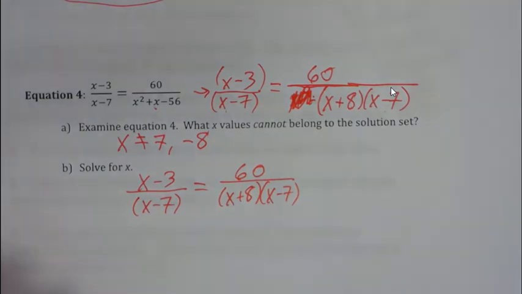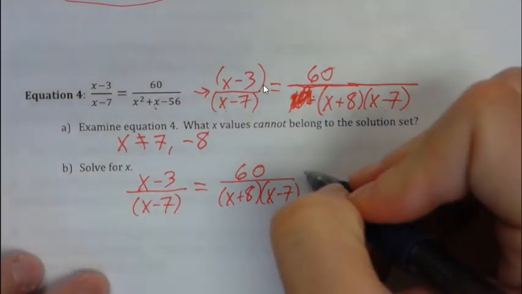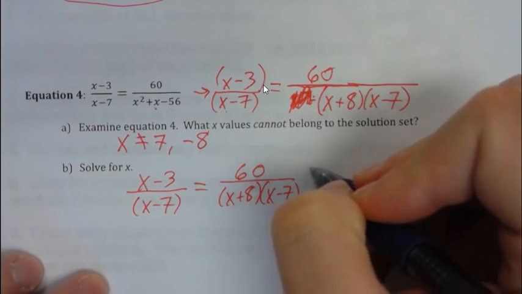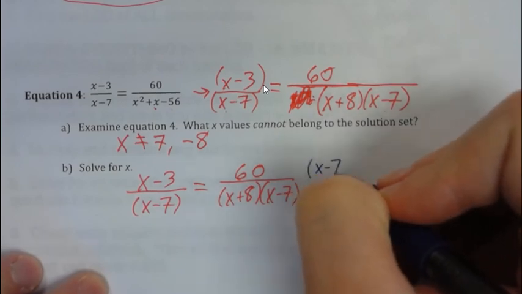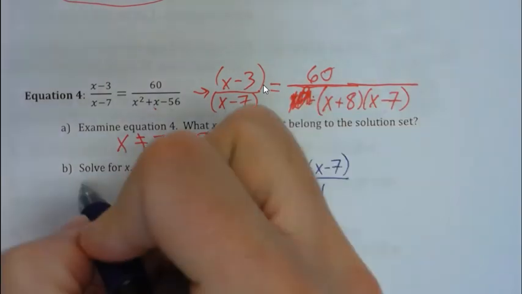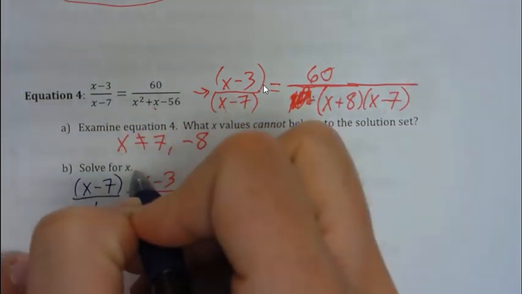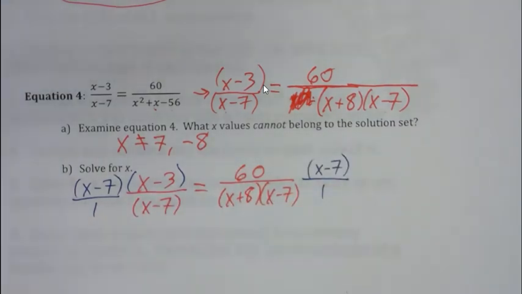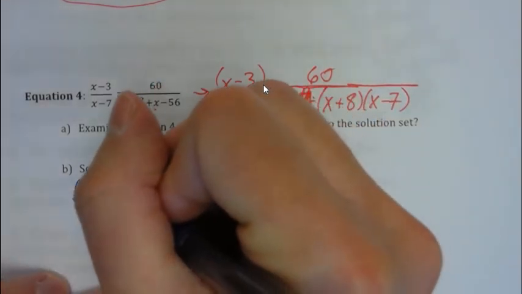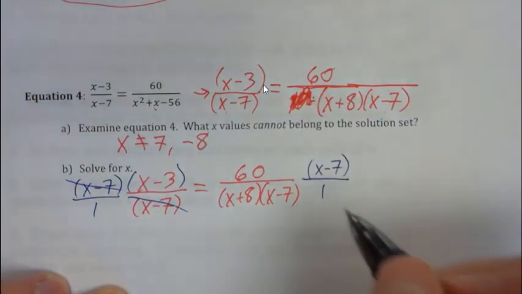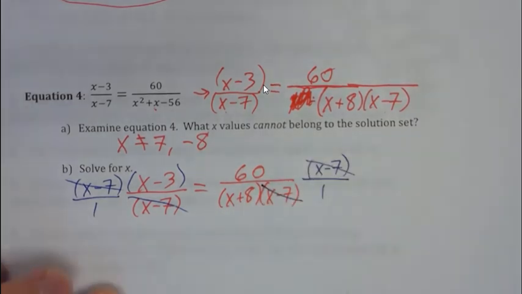That's something we're going to be utilizing a lot in this section of the chapter. So if we multiplied both sides by x minus 7 over 1, that would divide out our x minus 7s on the bottom of both sides here. You can see that those two will cross each other out.